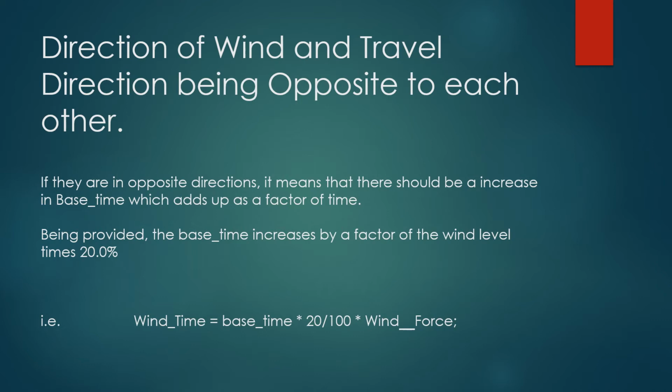The condition provided for the base time is that when they are opposite to each other, the time increases by a factor of wind level times 20%, that is, wind time equals base time multiplied by 20 upon 100, multiplied by force of wind, that is the intensity that we discussed before. It can be either weak, moderate, strong, or no wind, depending on the user input.